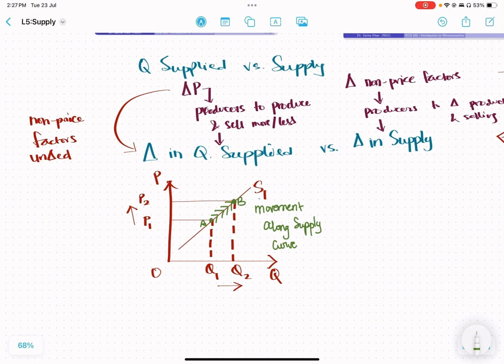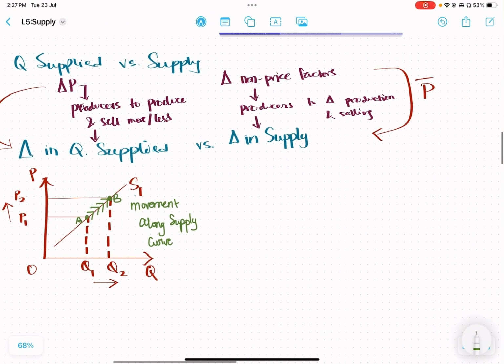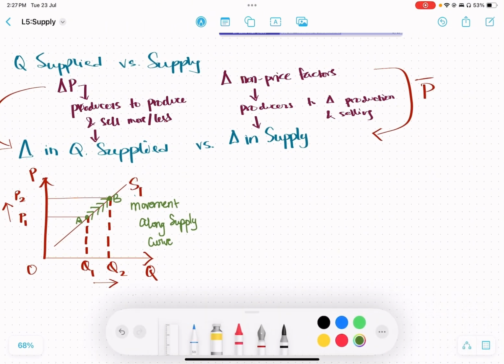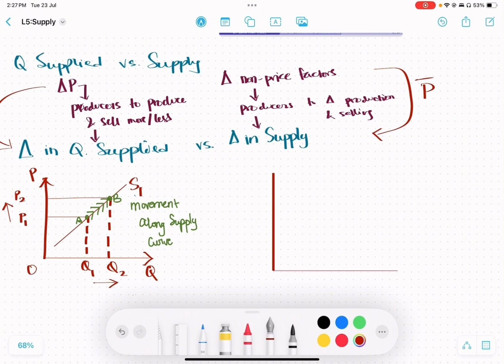On the other hand, when we say that there has been a change in the supply itself, then we are basically saying, look, the supply curve is actually shifting. So this is the supply curve, S1, right? So let's take a very simple case.